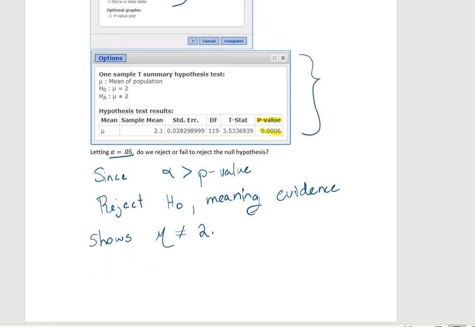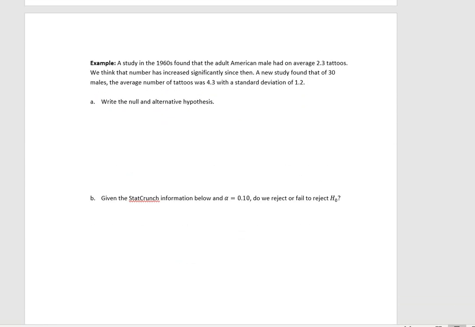Okay, let's look at another example. A study in the 1960s found that the adult American male had on average 2.3 tattoos. We think that the number has increased significantly since then. A new study found that of 30 males, the average number of tattoos was 4.3 with a standard deviation of 1.2.